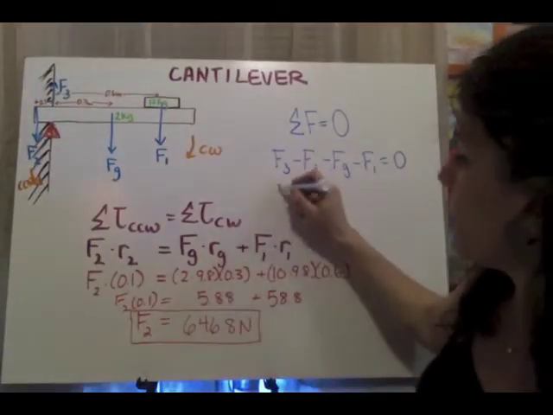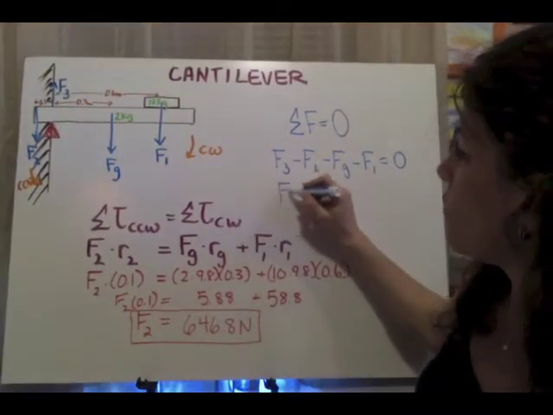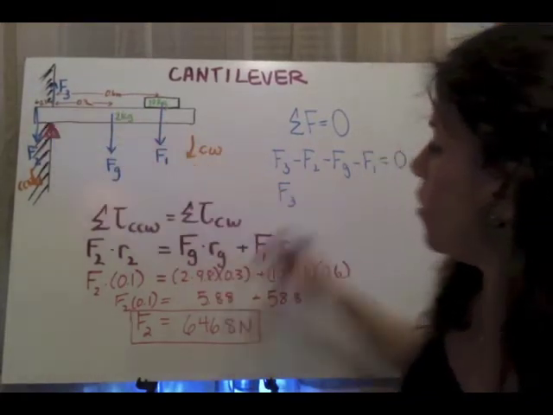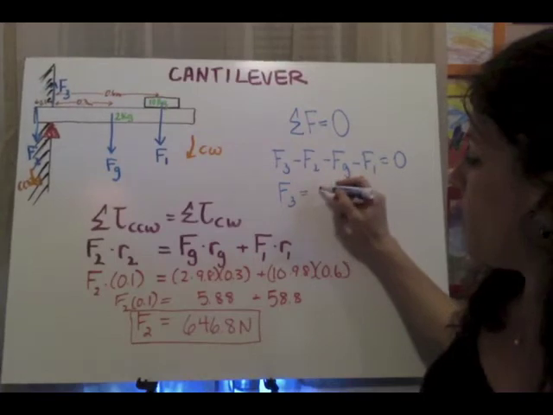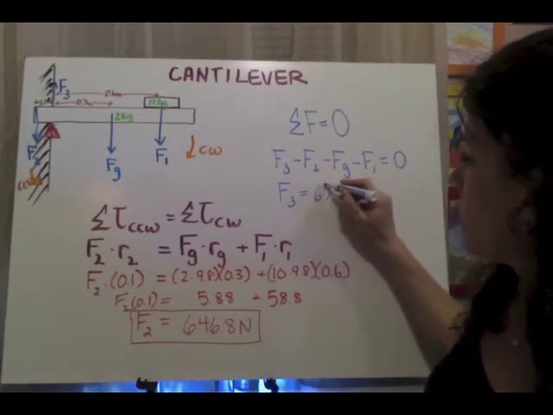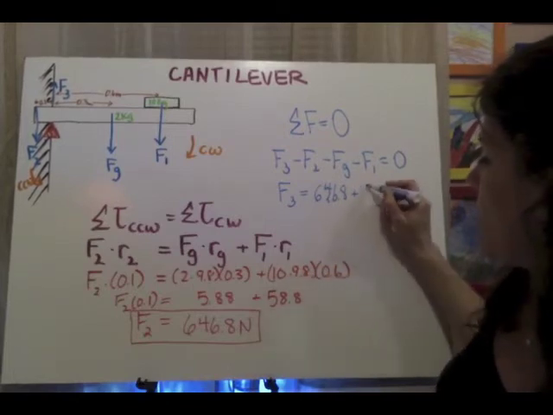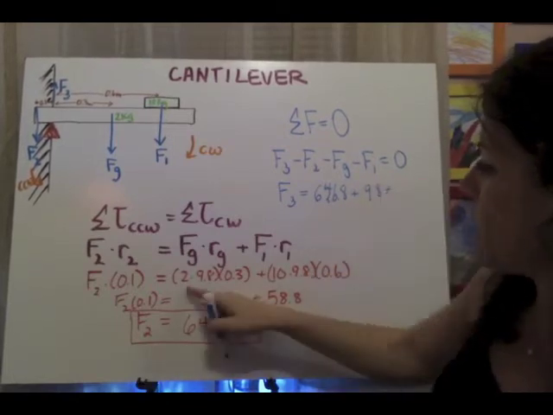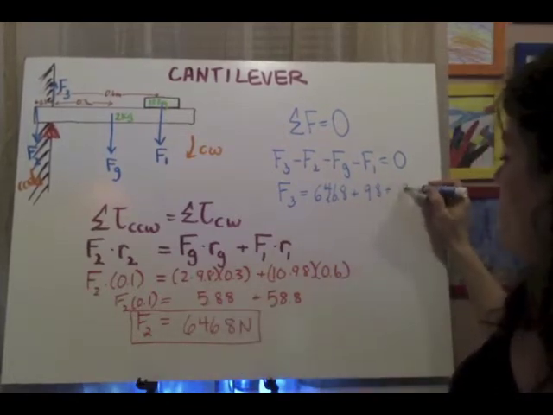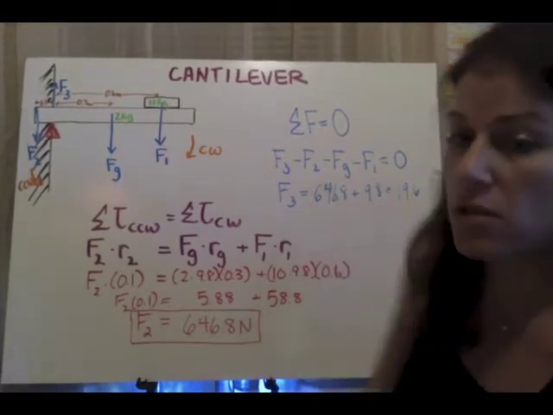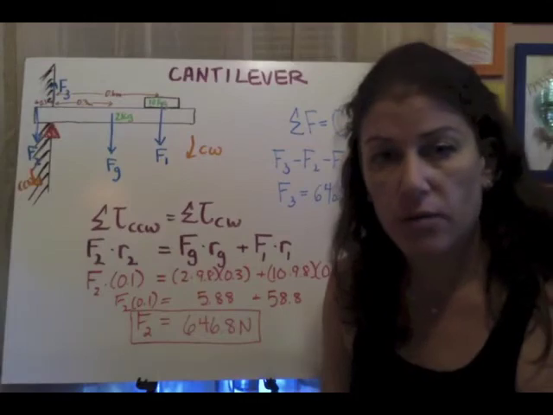So you could simply find this force 3, which is the force at the edge of the wall there, by adding together 646.8 plus 98 plus, what is that, 19.6. And you would get what that force is by adding those together.